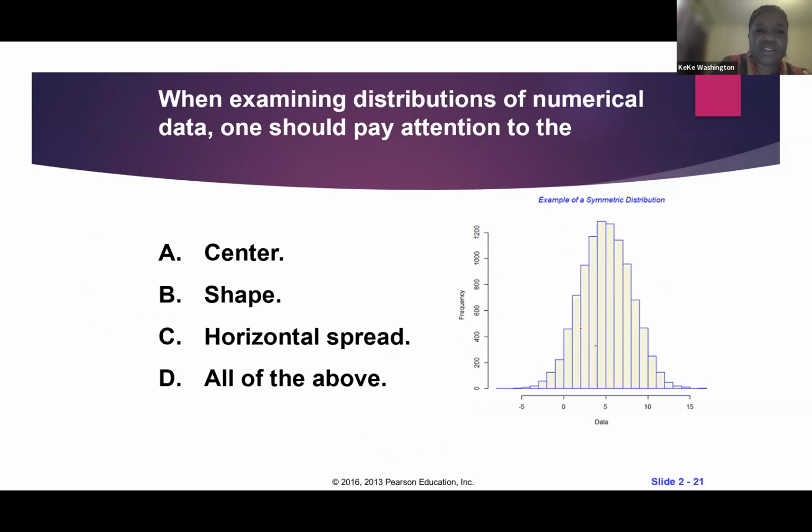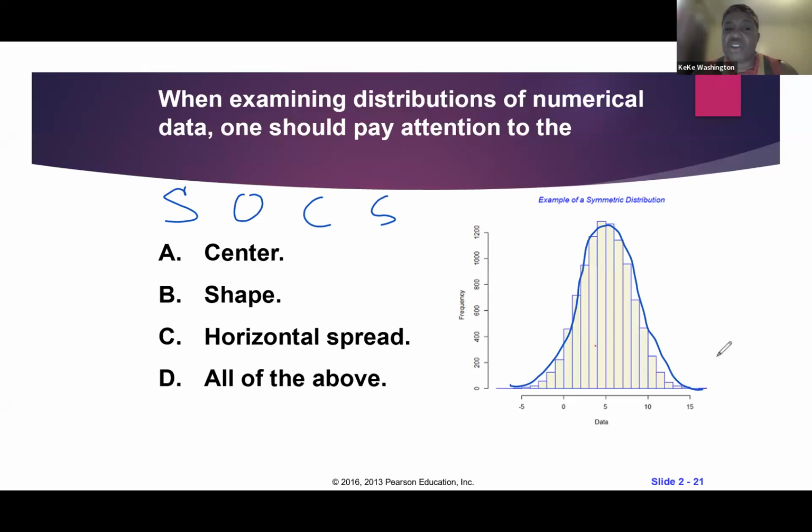Shape, outlier, center, spread. Is it symmetric or is it skewed? The next thing you want to know, how many mounds do I have? Is it unimodal like this one? I only have 1 mound, so this one's symmetric and unimodal. Is it bimodal, where I have 2 mounds? Or is it multimodal, where I would have more than 2 mounds?